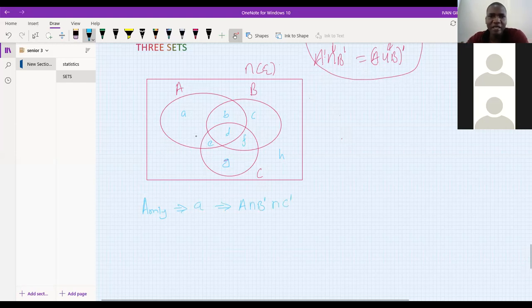So the question can say, find the number of students who liked A only. They want to find that value of A. Or they can say, find n of A intersection B complement and C complement. Or find the number of students who liked A, but not B and C. They liked A only.